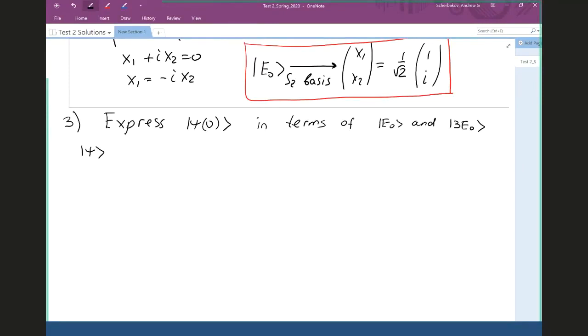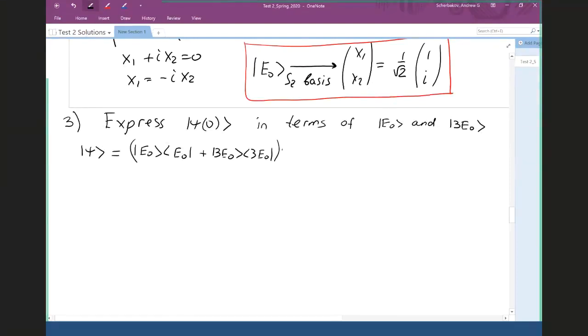So you can essentially express the unit operator in terms of those two states. This is the unit operator in the basis of eigenstates of the Hamiltonian, right?